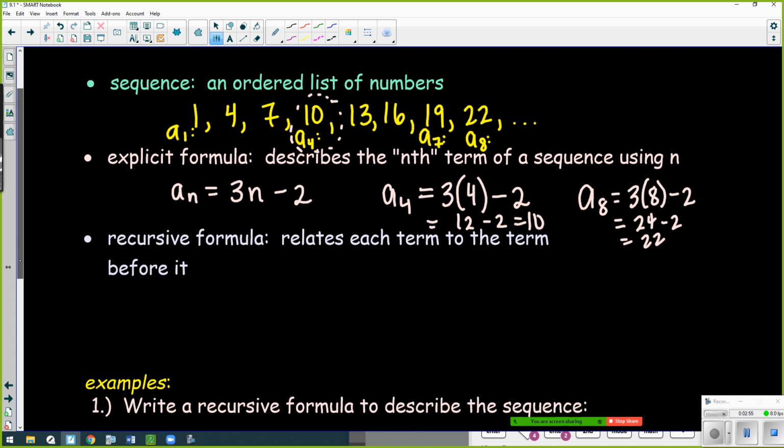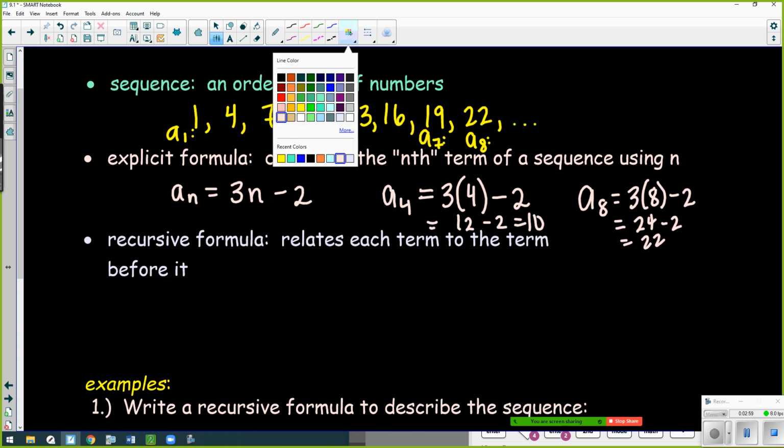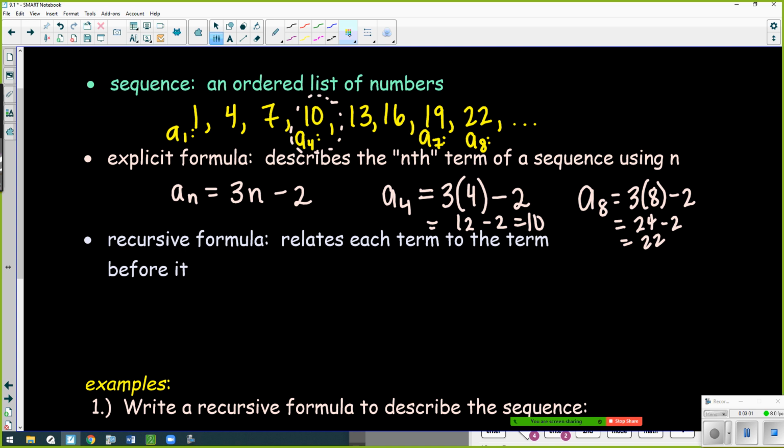And then a recursive formula. A recursive formula, again, relates each term to the term before it. So what I can say is that a sub n is equal to a sub n minus 1, n minus 1 being the previous term.